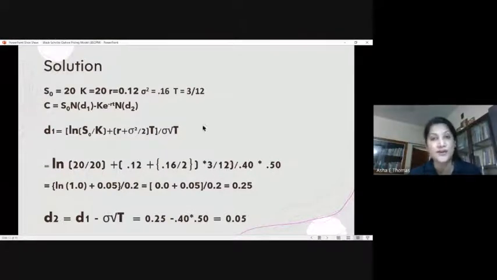So T is expressed as 3 by 12, and the whole divided by standard deviation. Variance being given, it is very easy for us to find the standard deviation, the root of the variance, which gives us 0.40. Then standard deviation into root of T, the root of 3 by 12, which we get as 0.50.